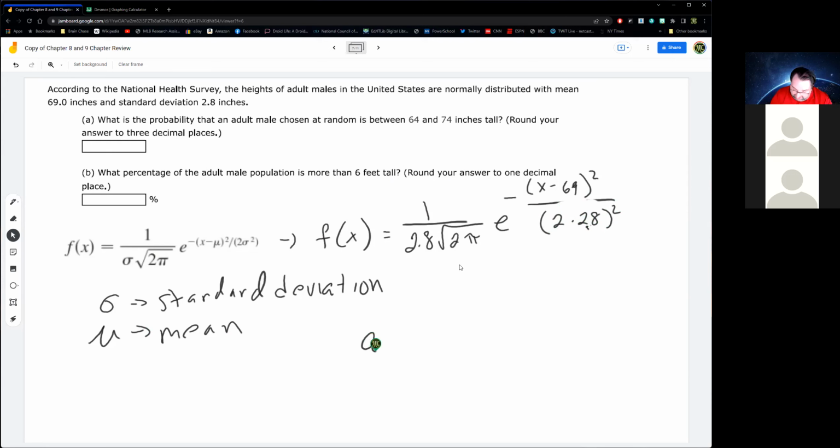And then A is the integral from 64 to 74. And B is the integral for, it says more than 6 feet tall. So that's 72 to infinity.